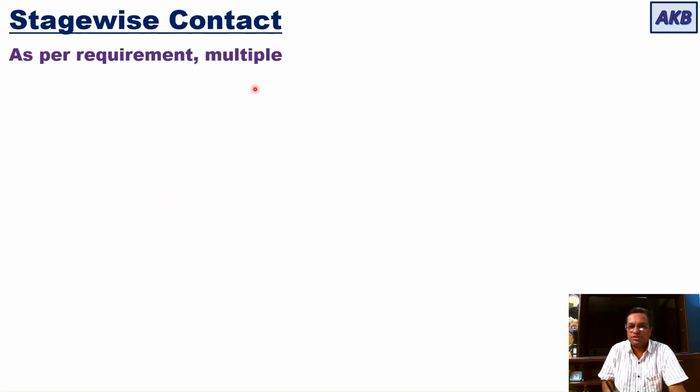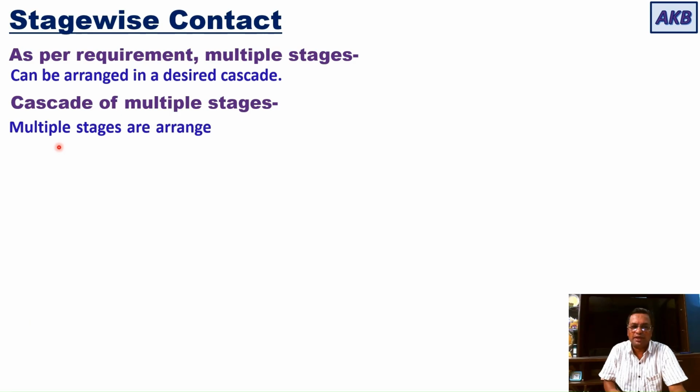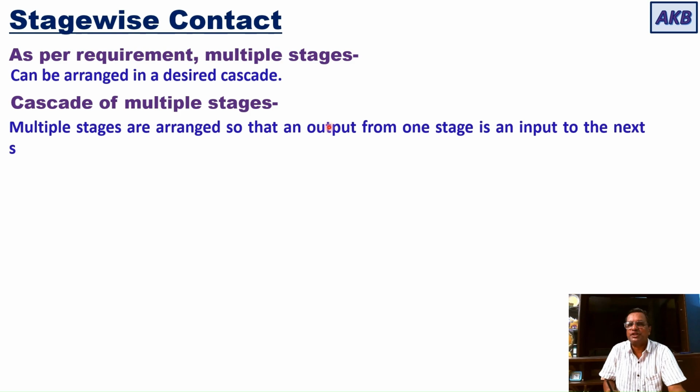As per requirement, you can arrange multiple stages. Multiple stages can be arranged in desired cascades. What is a cascade? A cascade of multiple stages is nothing but an arrangement where multiple stages are arranged so that an output from one stage is an input to the next stage. For example, if you consider a cascade of two stages, let us say this is stage number 1 and this is stage number 2.